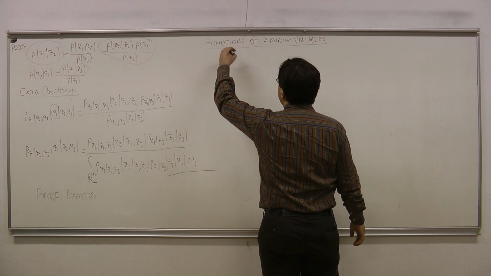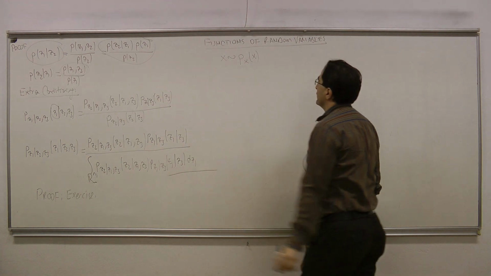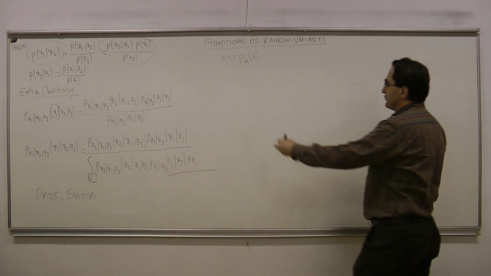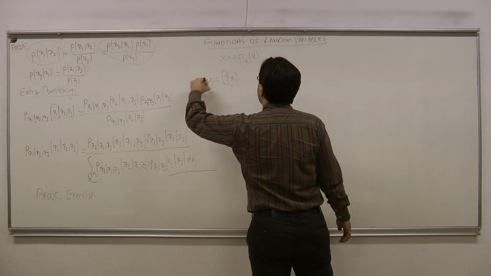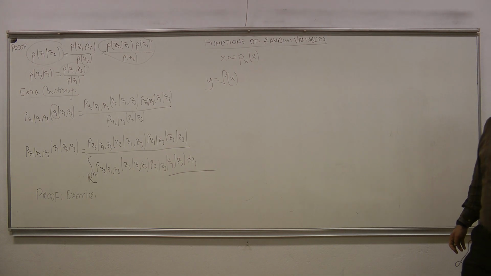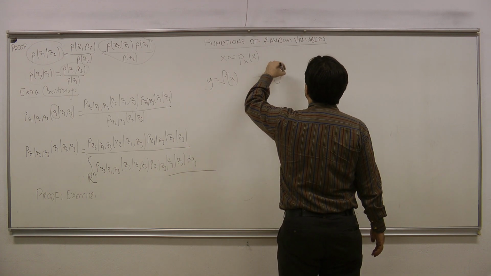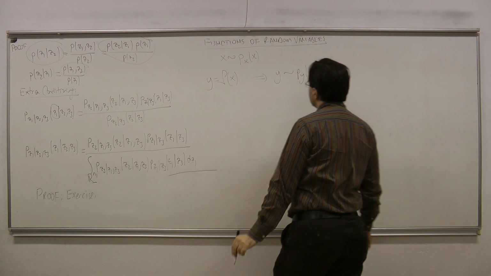If you have a random variable x such that it has a distribution p_x(x), suppose that I transform this random variable and I obtain the random variable y, then what would be the distribution p_y(y)? Okay?